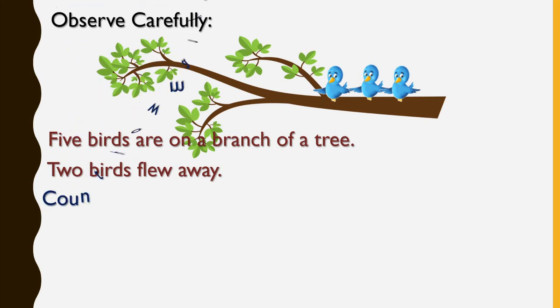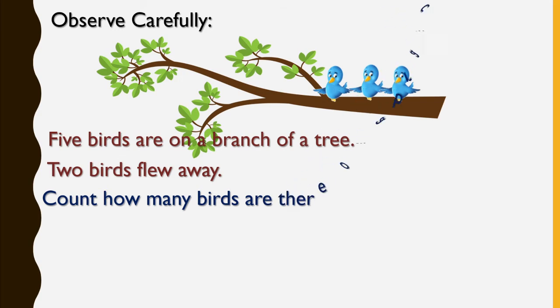The question is, count how many birds are there on the branch. Count here. This is 1, this is 2, this is 3. Right? Our answer is only 3 birds are there on the branch of a tree. Correct? Now, we will use numbers. Earlier 5 birds were there.